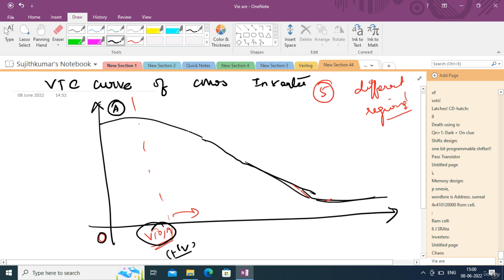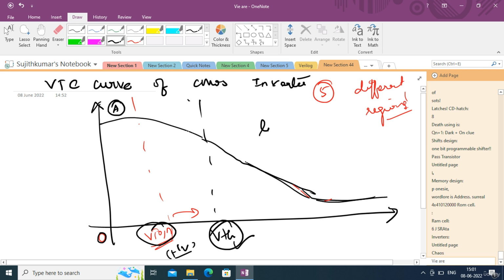And from that VT0N to a voltage called VTH, the threshold voltage, beyond which you will consider everything as logic 0. This threshold voltage is different, guys.